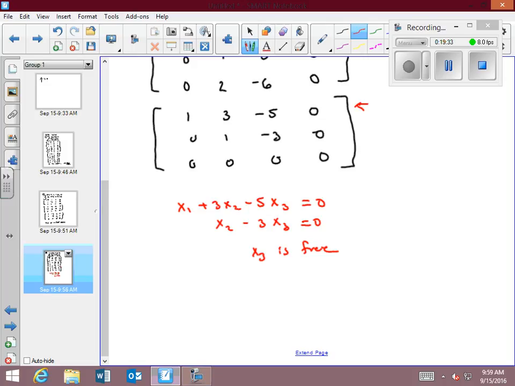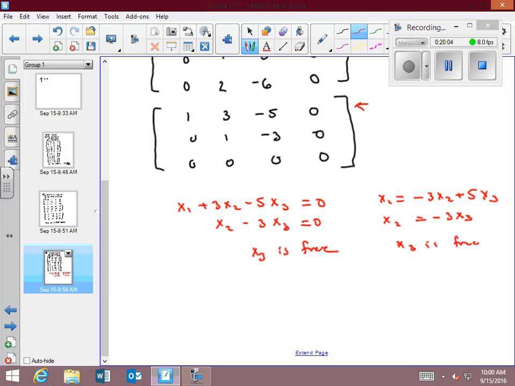So then we're going to take this first equation and solve it for x1. We're going to solve the second equation for x2. And x3 is free.